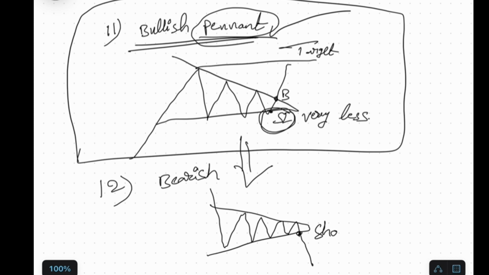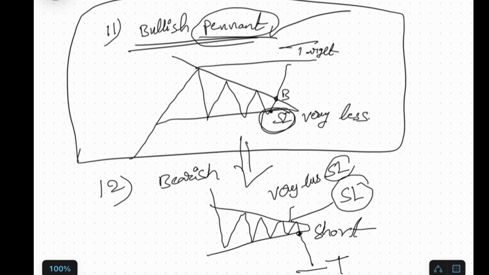You have to short here. This is the target. This is the stop loss. Here also the stop loss is very small. Okay, this is about pennants. Hope you understand about these pennants.